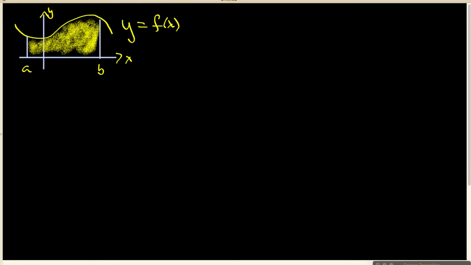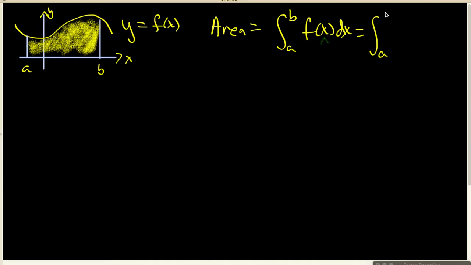Now I already know that that area can be written as the integral from a to b of f of x dx. Now I also know that the variable of integration is a dummy variable, and so I can rewrite this integral as the integral from a to b of f of t dt, because it really doesn't matter what I call this independent variable's name.